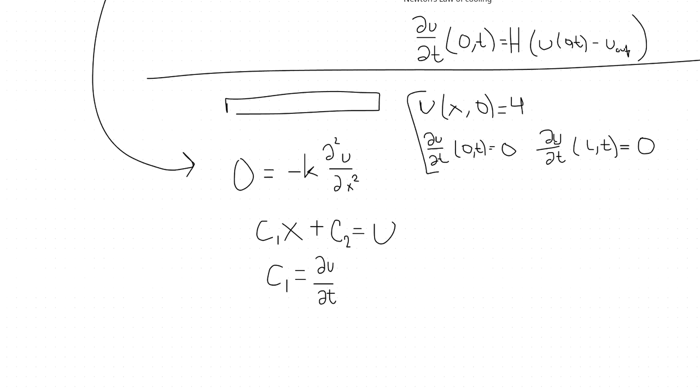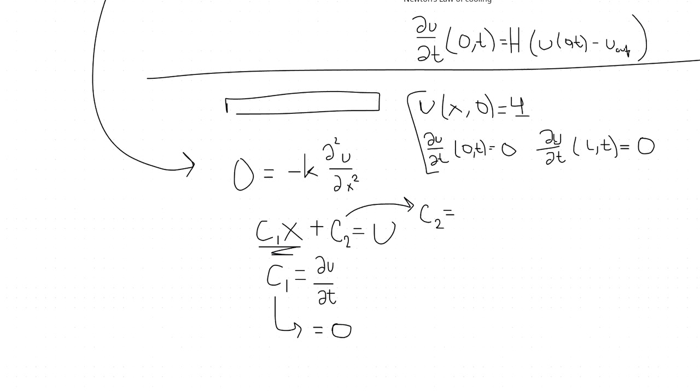And we can say that since at both 0 and L, the partial u over partial t is 0, c sub 1 then has to equal 0. And c sub 2 is asking, what is the initial temperature, right? What is the initial temperature before the space component changes it? And so the initial temperature is 4.